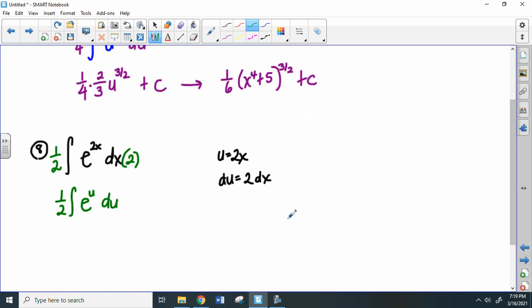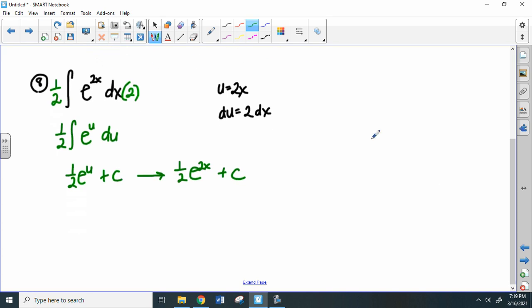The 1/2 is going to stay, and the answer is e to the u, and then of course you need your plus c. Before you finish, you need to plug u, which was 2x, back in. Then you're done with that one. Let me give you another one with an exponential function.